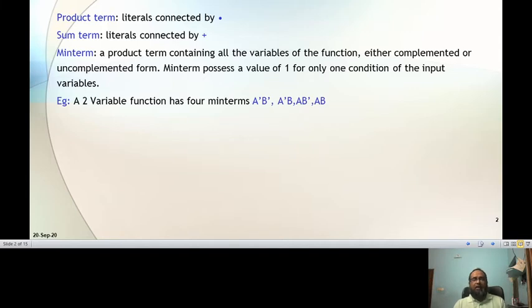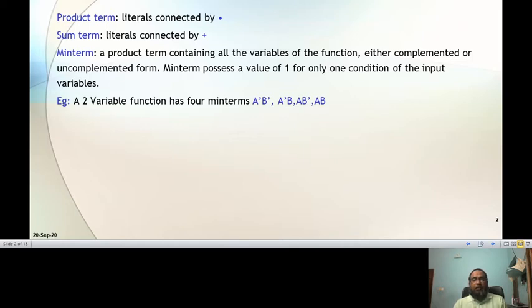Suppose we have two Boolean variables a and b. The terms a bar b bar, a bar b, a b bar and a b, these are the four terms or four combinations that can be had from the two variables a and b.